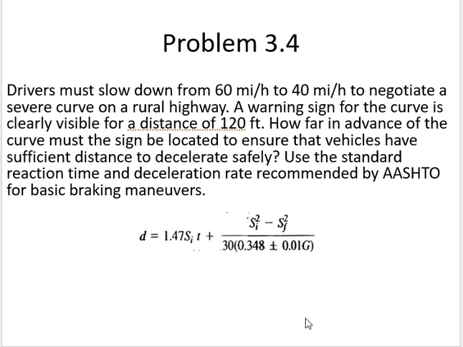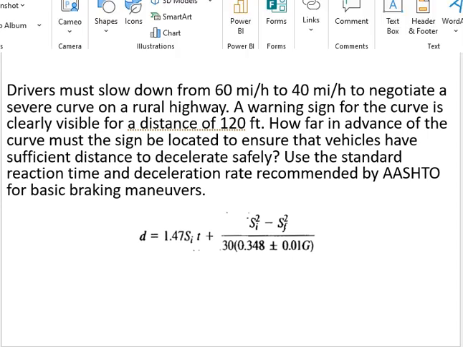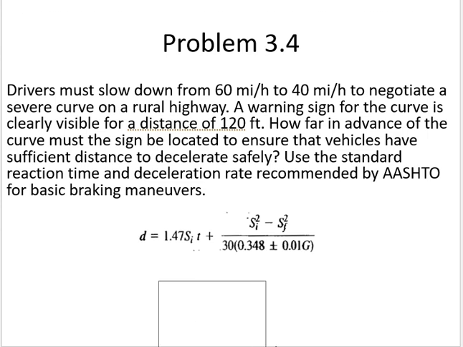Now the driver has to do what? He has to go from 60 to 40, right? So how much distance does he need to go from 60 to 40? Tell me. You will use the recommended values.